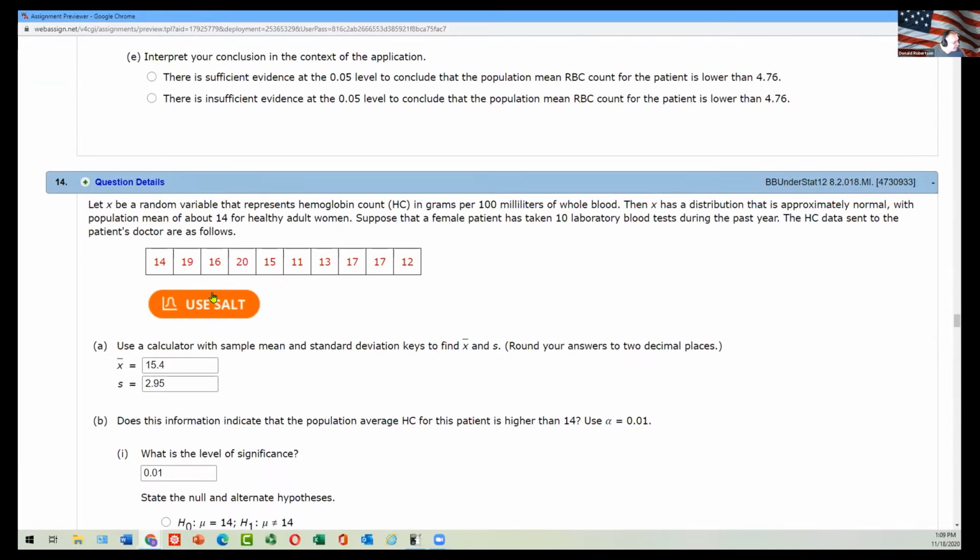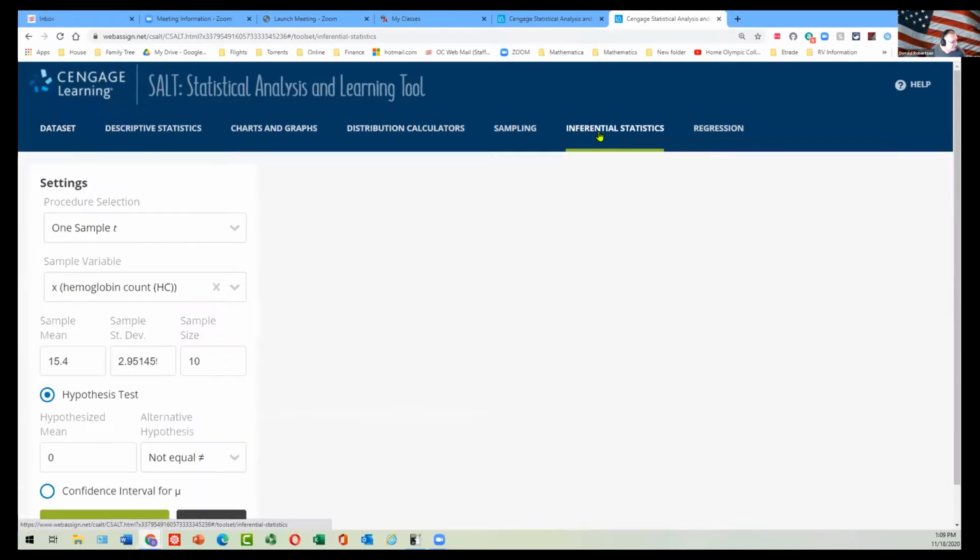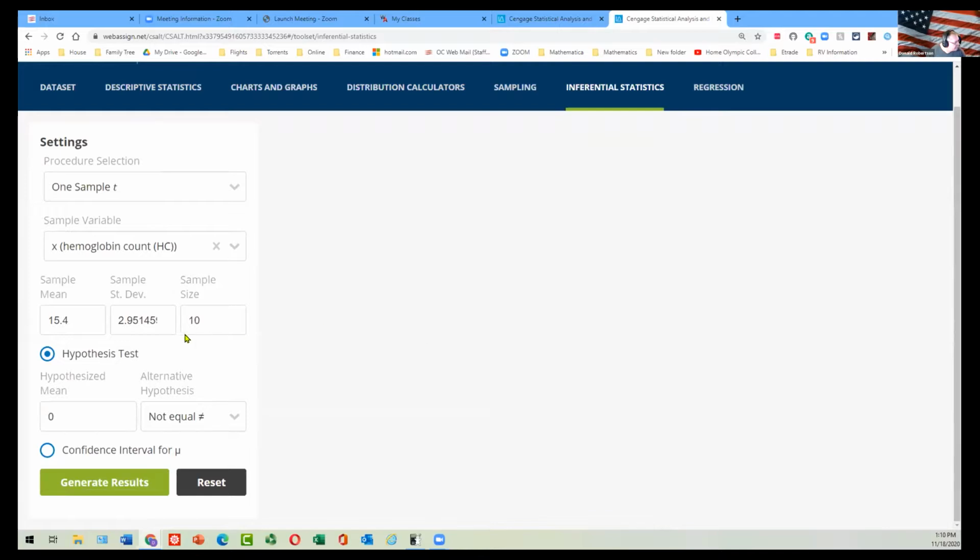So I go back up here and I use SALT. Only what SALT is going to do this time is get the t and the p values for us. So let's see if we can set this up. The sample mean, we already found it.